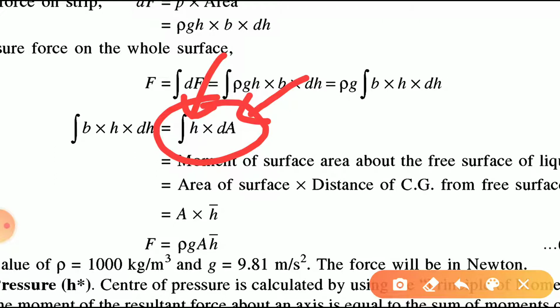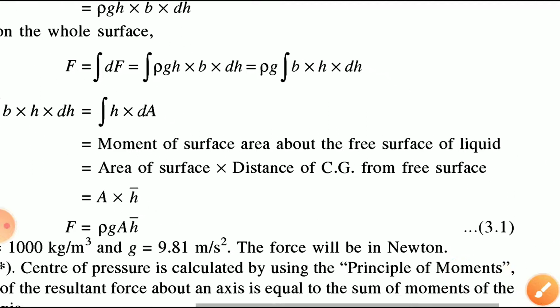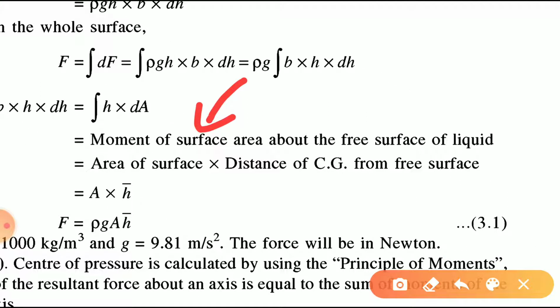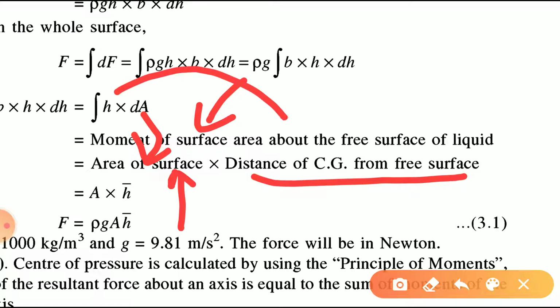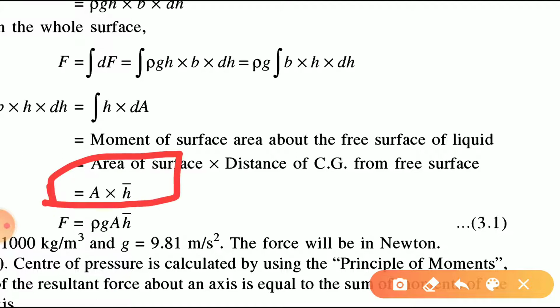So it is the first moment of the area about the free surface of the liquid. Hence it is equal to the area of the surface, the integration of dA being the total area, multiplied by the distance of the CG from the free surface. So it becomes A into h bar.